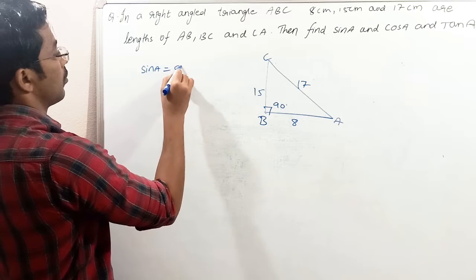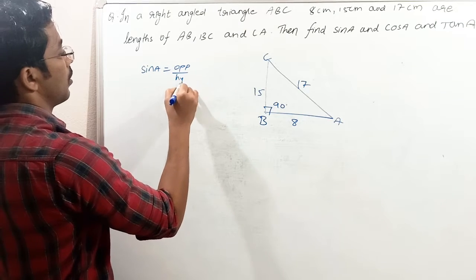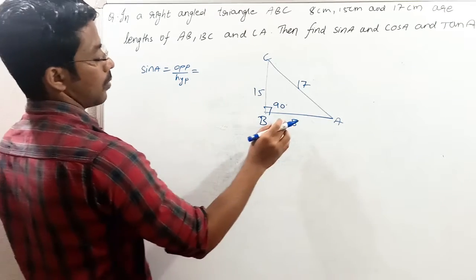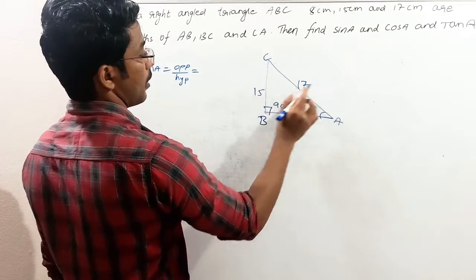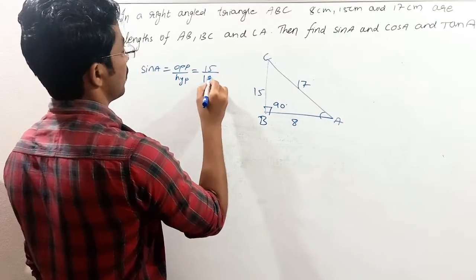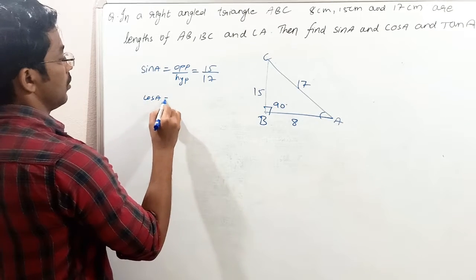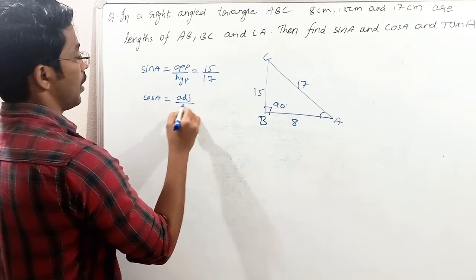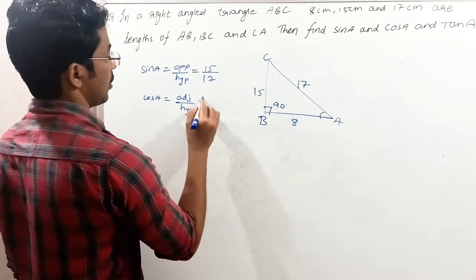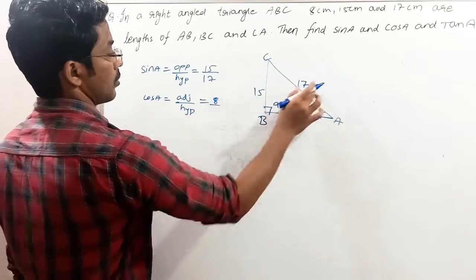Sin A, we know, is opposite by hypotenuse, so sin A is 15 by 17. Next, cos A is adjacent by hypotenuse. What is adjacent? 8. What is hypotenuse? 17.